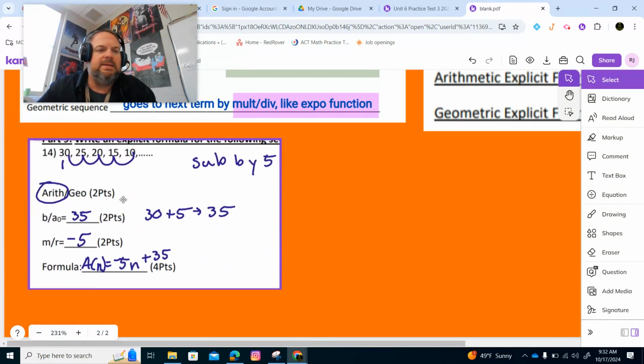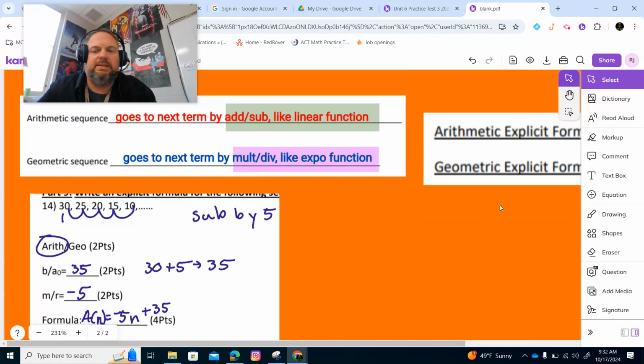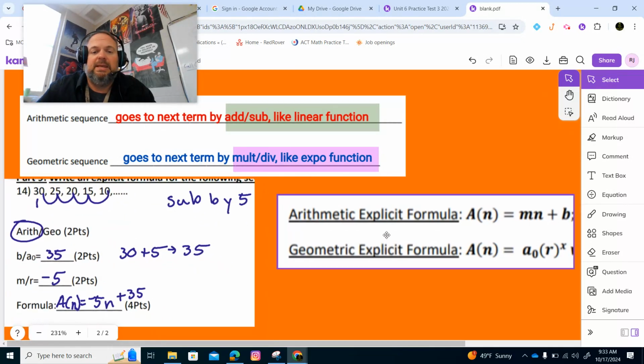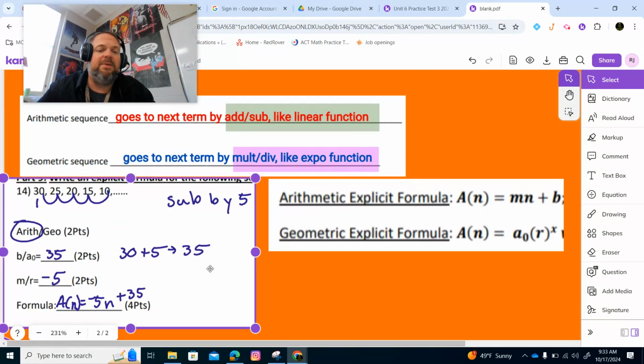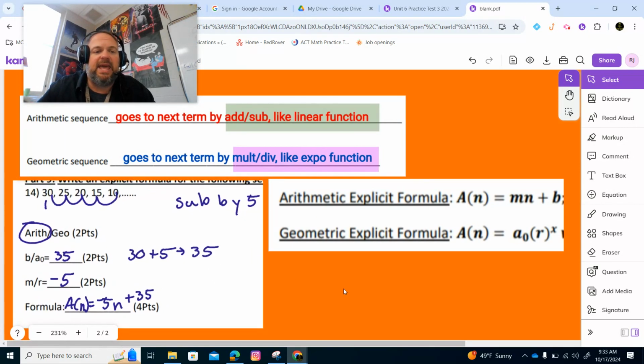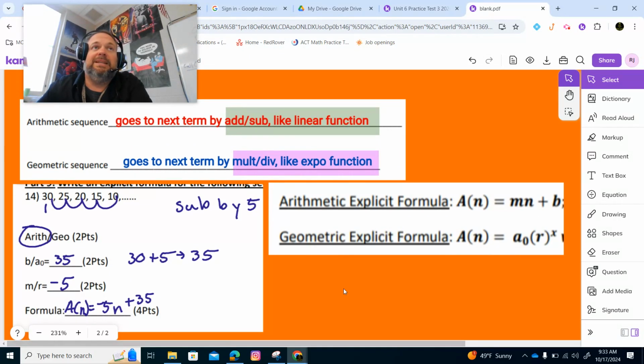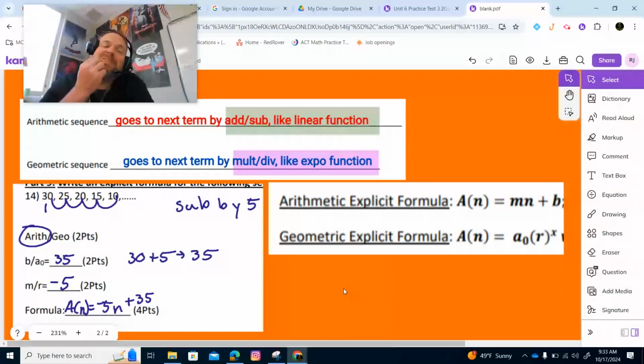Now for part 9, again, I did something crazy. I put the notes. I know some of y'all were like, but I was at this event on the day that you covered this. Well, yes, it is. What's funny is every time somebody is out for sports or field trips or something like that, your coach or teacher or whoever's in charge of you says they are responsible for the material that they missed.